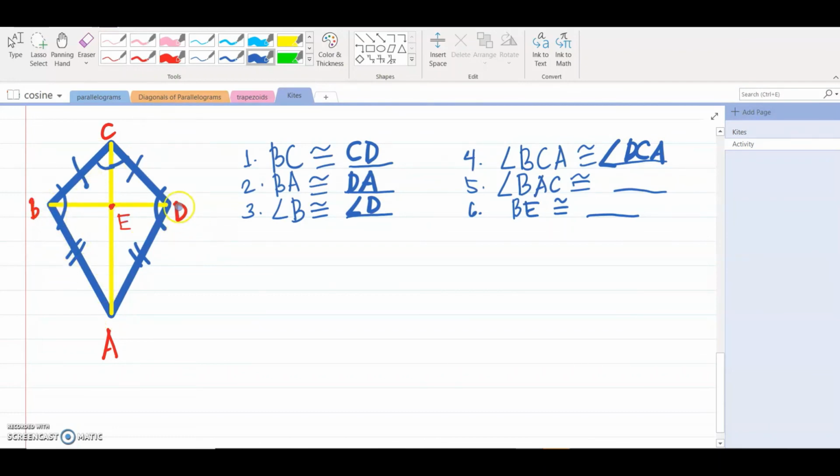BAC is congruent to angle DAC. And then segment BE is congruent to segment DE. Okay, so we already have all the answers. As long as we are very observant with the theorems or the illustration of a kite, you can answer the blanks very easily.